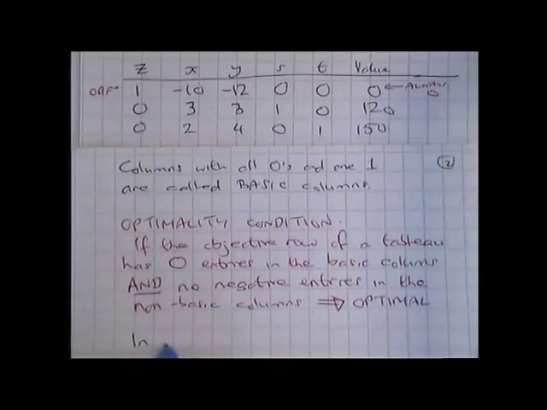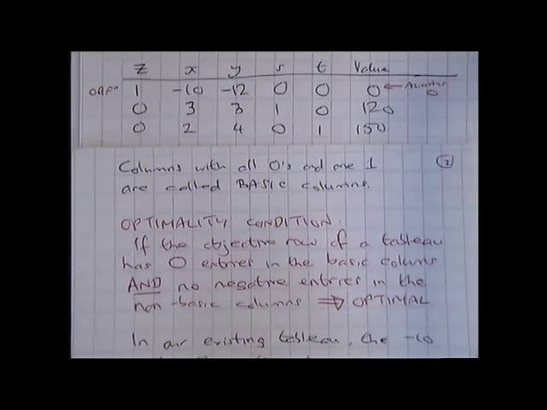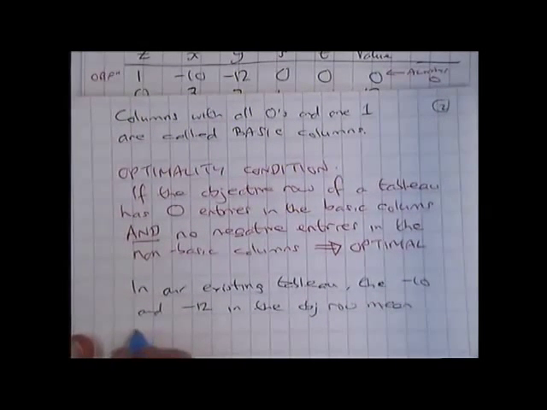So we can just say, in our existing tableau, the -10 and -12 in the objective row mean we are not optimal.